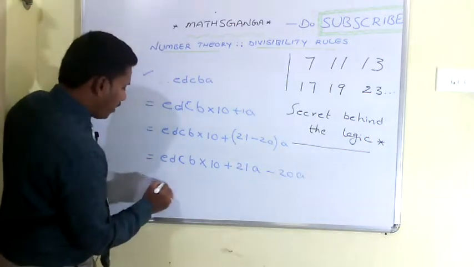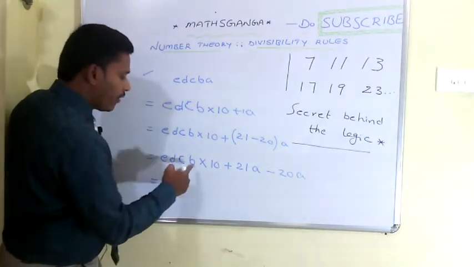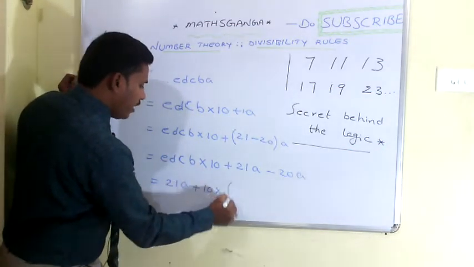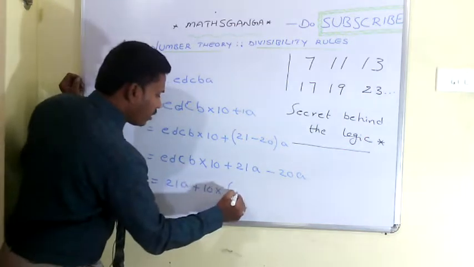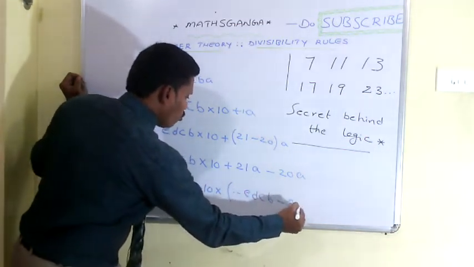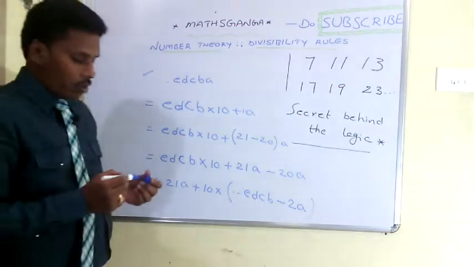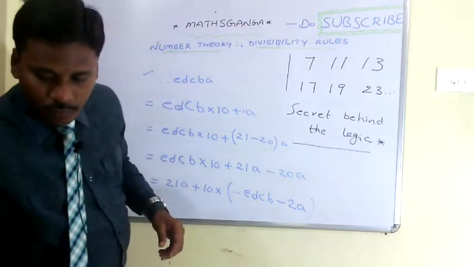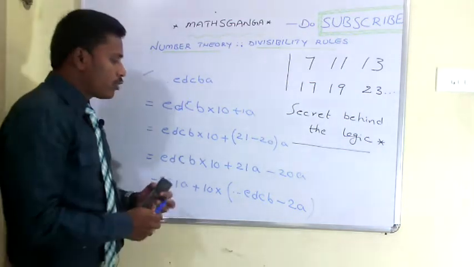First write this 21A, and then from these two terms, if you take out 10 as common, plus 10 into the number E, D, C, B minus 2A. See what we have: 21A plus 10 into E, D, C, B minus 2A.